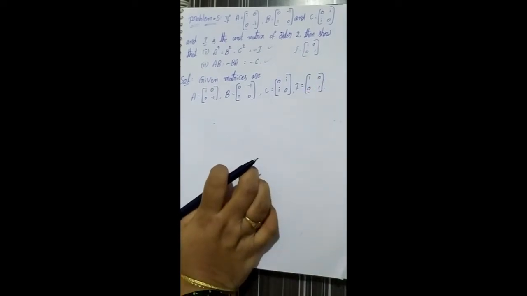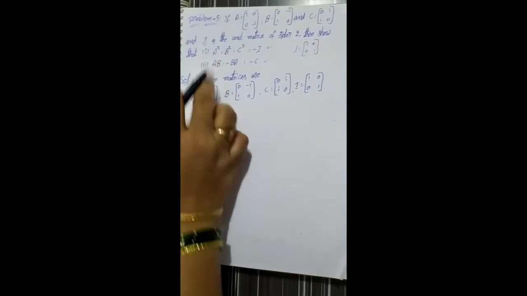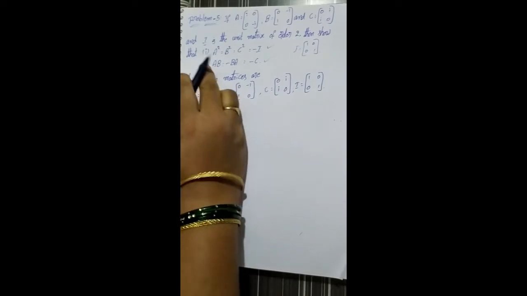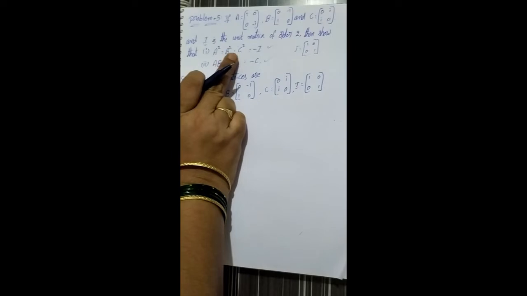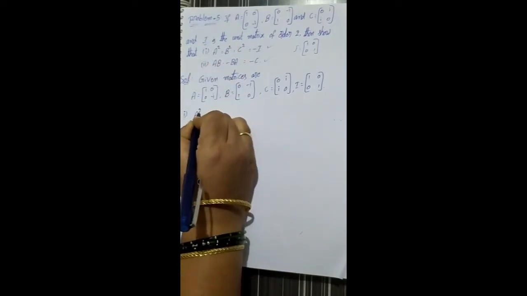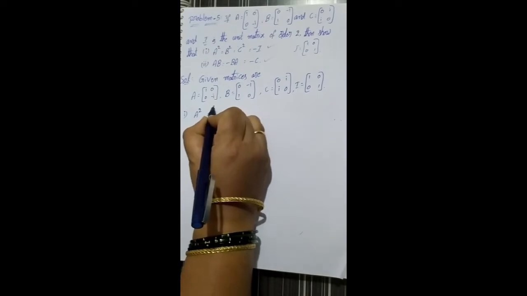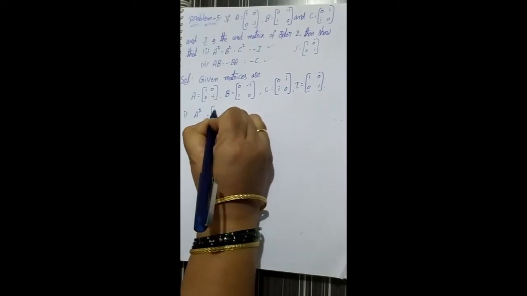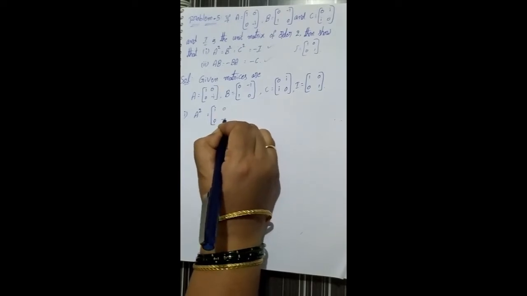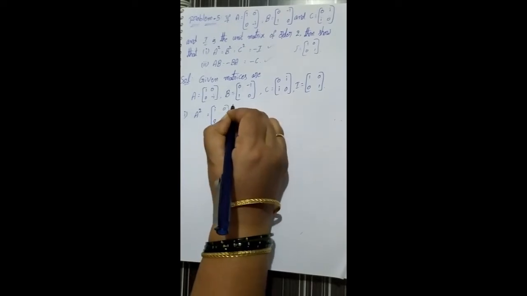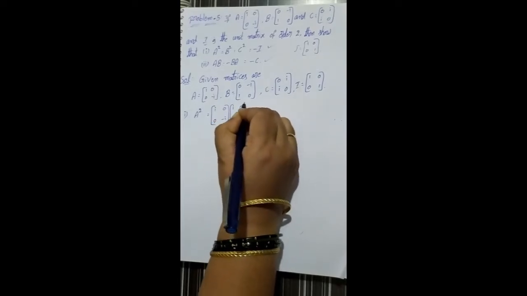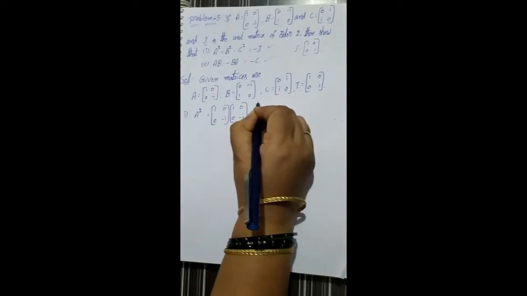This is the unit matrix I. In the first problem, first we have to find the values of A squared, B squared, and C squared. For that, A squared equals A into A, that means matrix A into matrix A, which is [i, 0; 0, -i] into [i, 0; 0, -i].